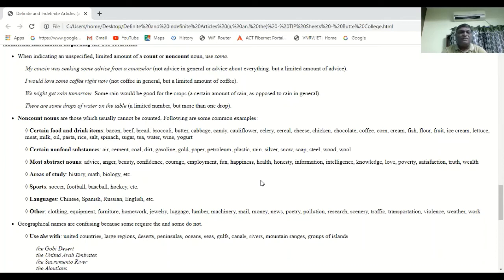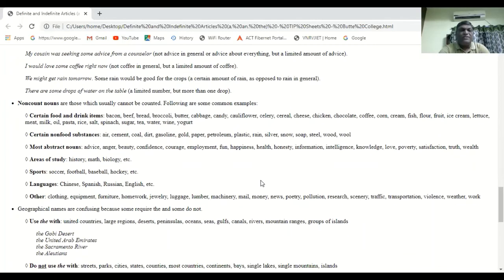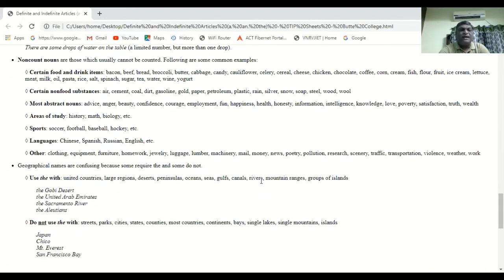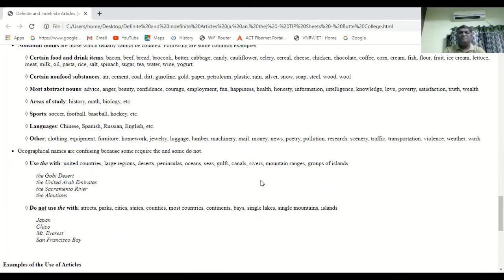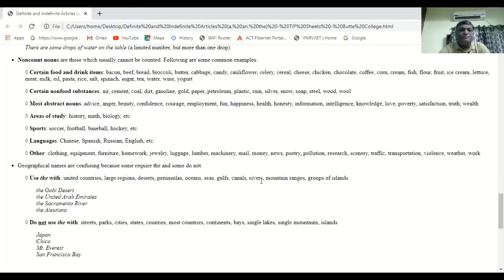For example, when you talk about certain things, I can say food. Generally, non-count nouns are those which usually cannot be counted.